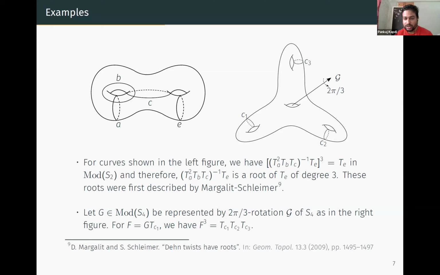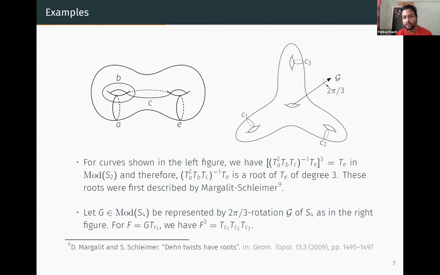You remove small pairwise disjoint disks around each point in the orbits, and then you attach an annulus between them, in one-to-one correspondence for each orbit. While attaching, you twist it by 2 pi, so that you get 3 curves.